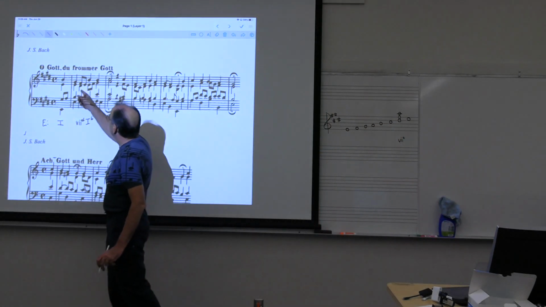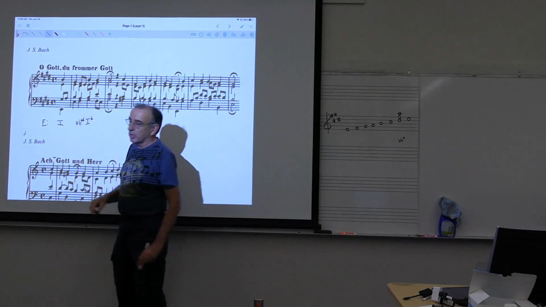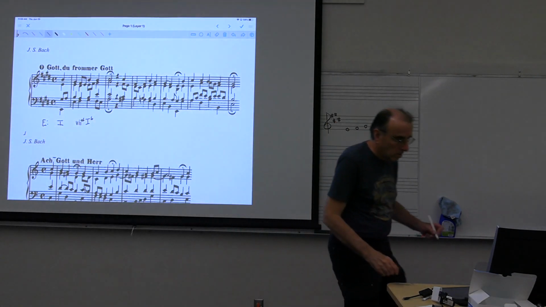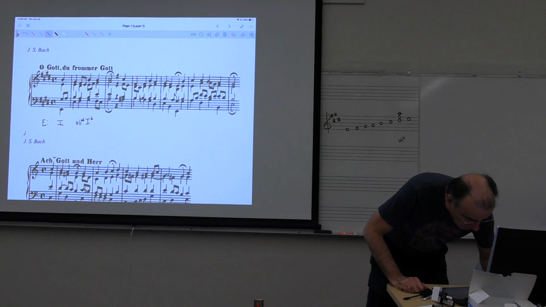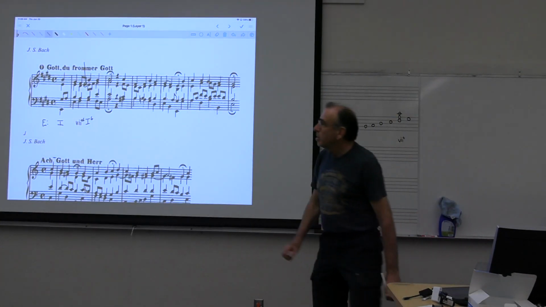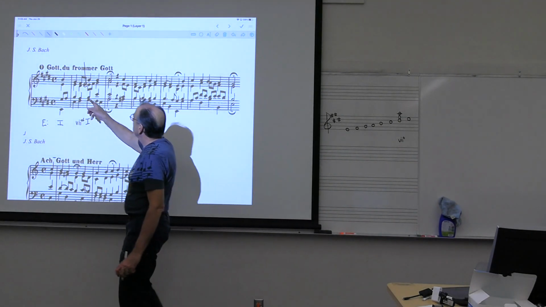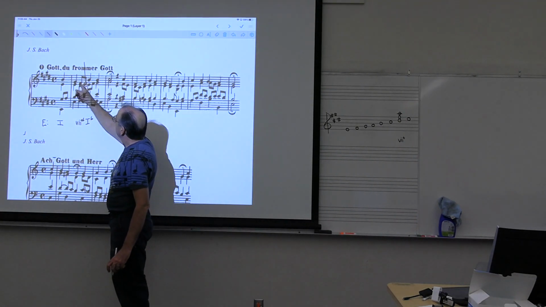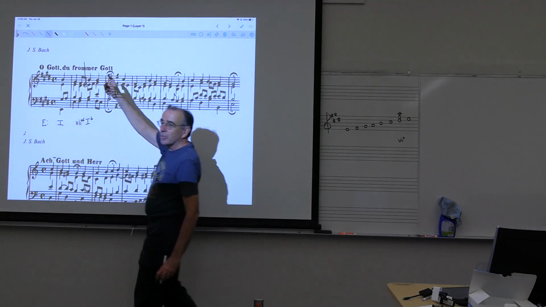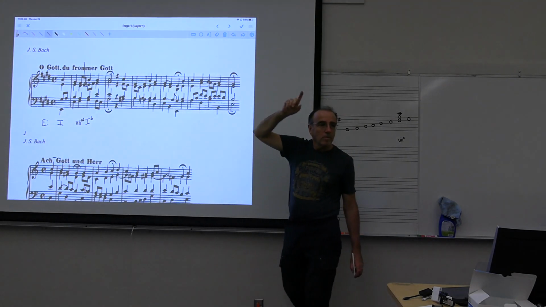So in this chord, this E is a non-chord tone. This will help us review non-chord tones. So again, this E is a non-chord tone. It's approached by step and left by leap. So what kind of a non-chord tone is that?